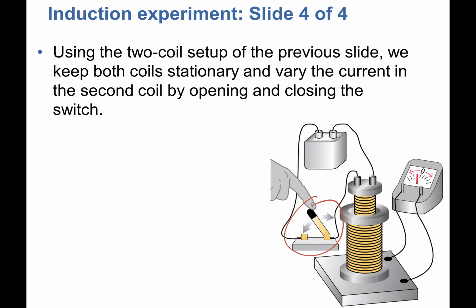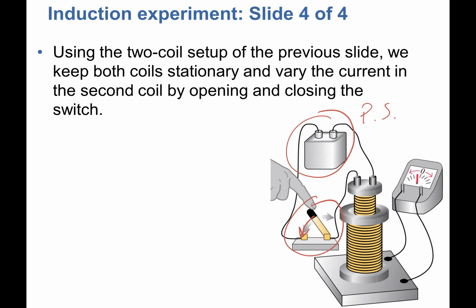This battery is basically a power source, and it's only connected to the secondary coil. If I close the switch, then there's a current from the battery that goes through the second coil.